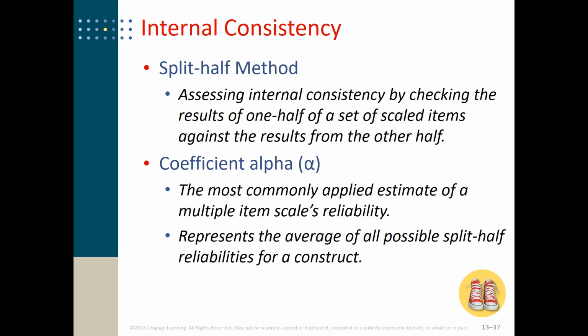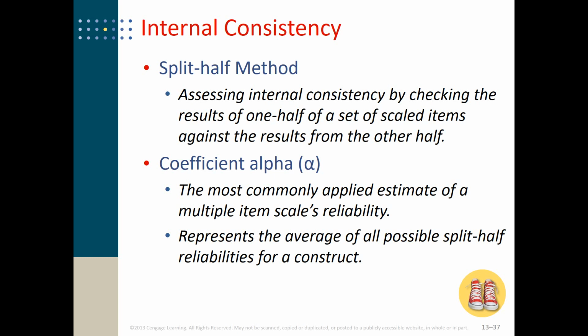Sometimes if we have a large sample, we split it on different characteristics and check the results of the different subsamples to see if they produce consistent results. For example, if there are males and females, we can split the sample into male and female and check the results for both subsamples to see if they produce consistent results.